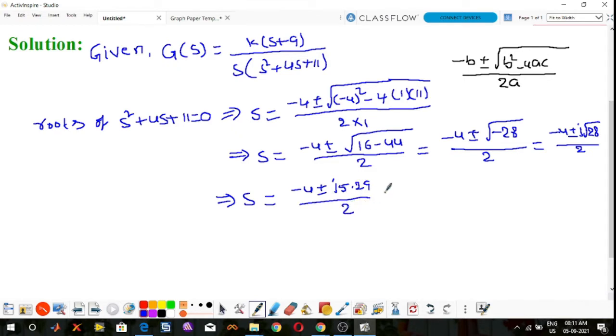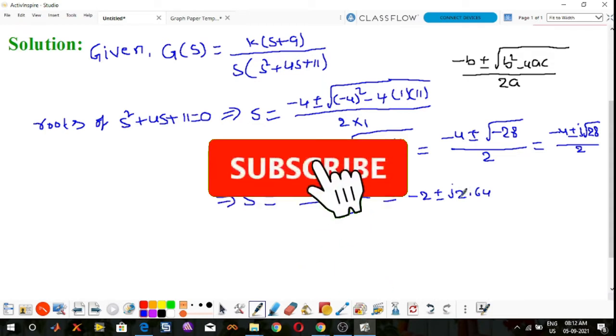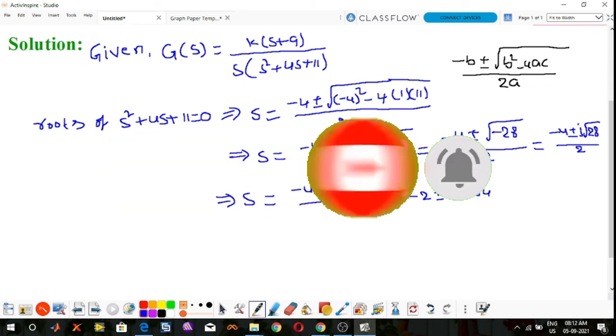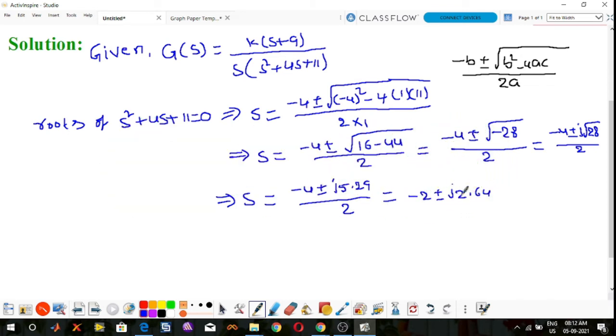That is equal to -2 ± j(5.29/2), which is -2 ± j2.64. Now here the roots are complex conjugate roots. Therefore the roots of the denominator polynomial are the poles of the given open loop transfer function.